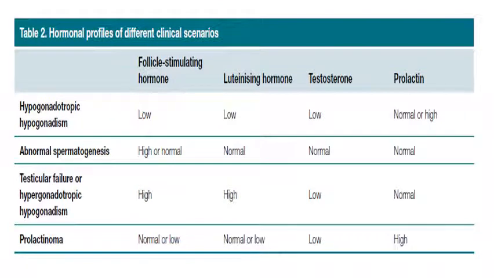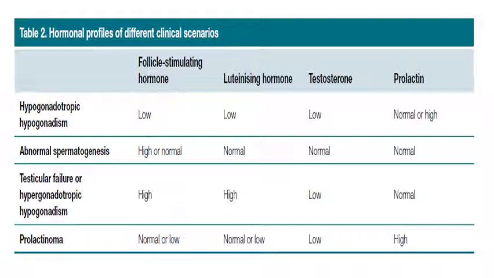When we see hormonal assay, usually 4 hormones, that is FSH, luteinizing hormone, testosterone and prolactin, are evaluated in the case of male infertility. When they are evaluated, they give broadly a differential diagnosis of 4 entities. That is hypogonadotrophic hypogonadism, where there is a deficiency of gonadotrophic hormones leading to hypogonadism.